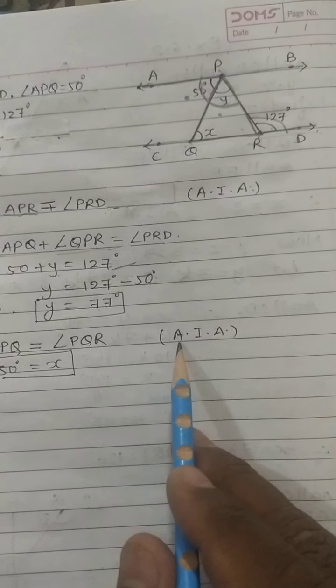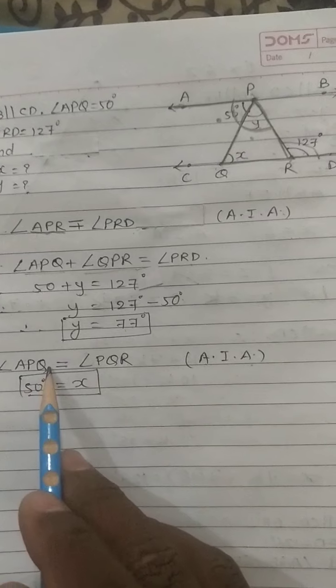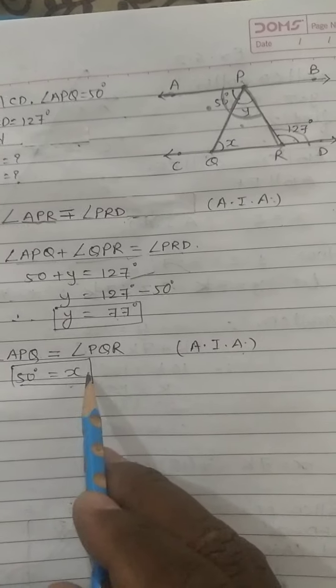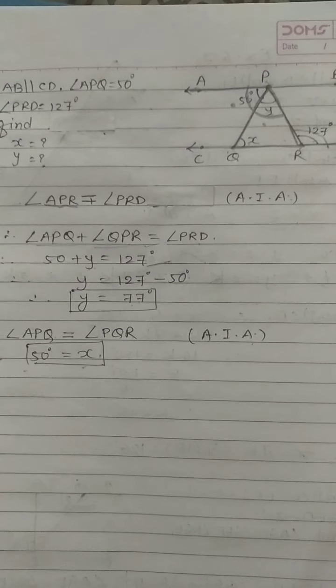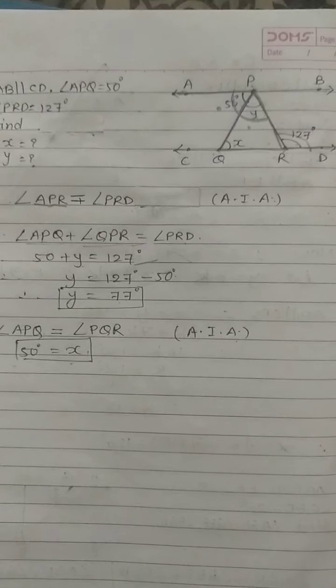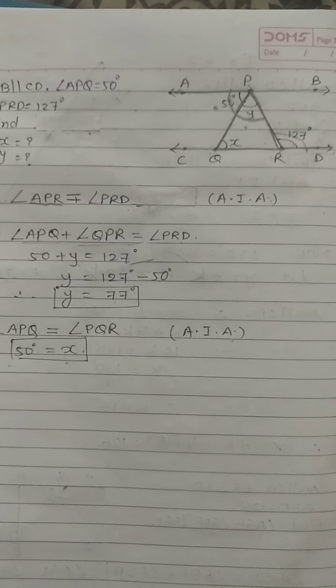Again the reason, AIA, alternate interior angles, and APQ is 50 and PQR is X. So X is 50 degrees, right? So in this way you have to utilize the information regarding the angles and solve the questions, right?